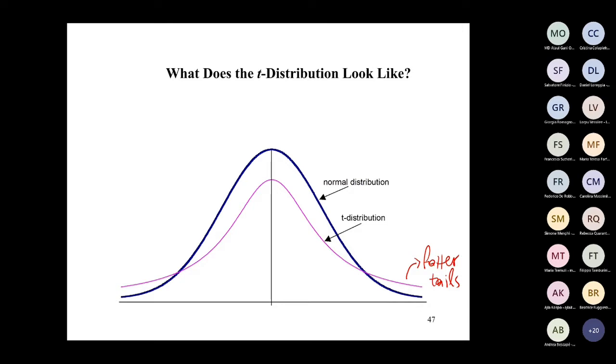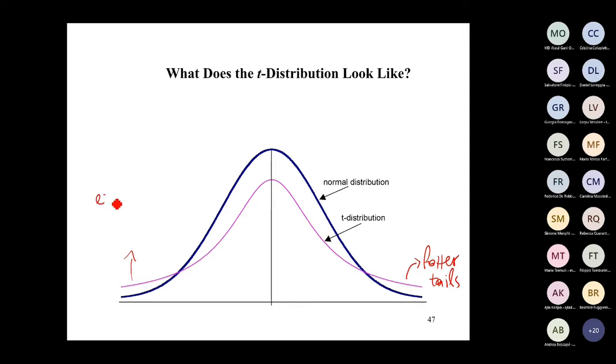So fatter tails, what does it mean about extreme values? Fatter tails means that extreme values are more frequent compared to the normal distribution. When we say extreme values, we mean values that are far away from the mean.